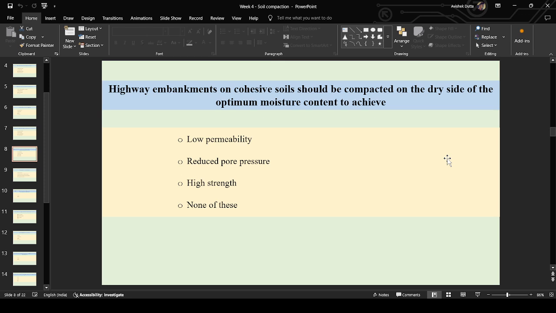First option, low permeability. Second option, reduced pore pressure. Third option, high strength. Fourth option, none of these.